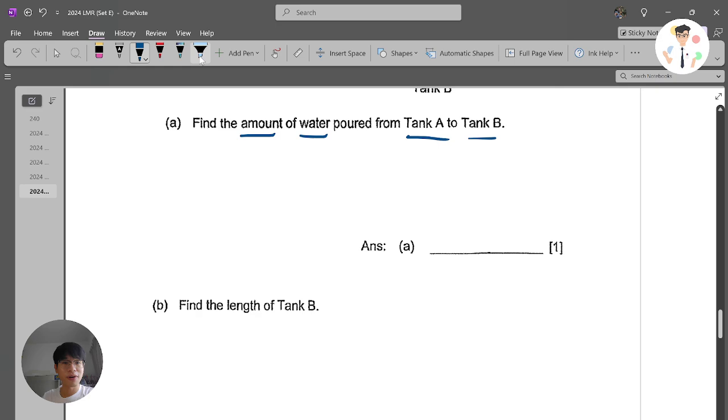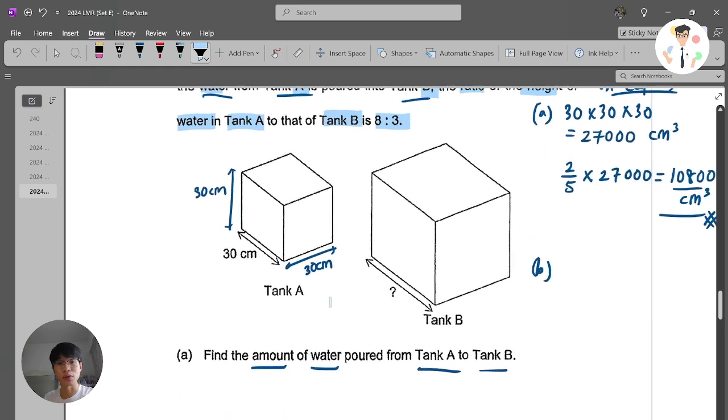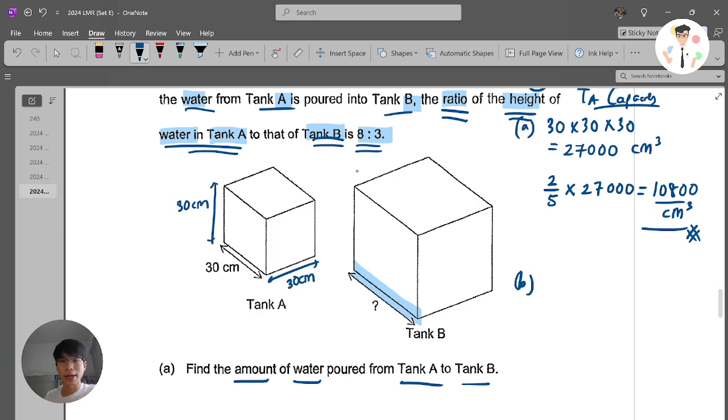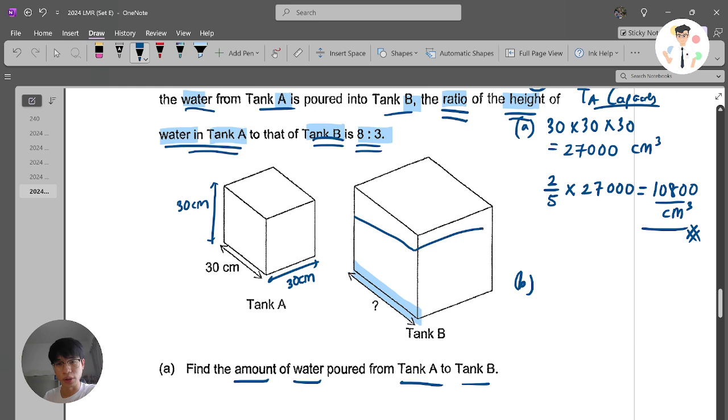Question B now says find the length of tank B. It means that now I'm looking at the length here. The first thing I know is that the information I did not use is the ratio of height of water in A to B, which is now 8:3. Let me just draw here the water inside.